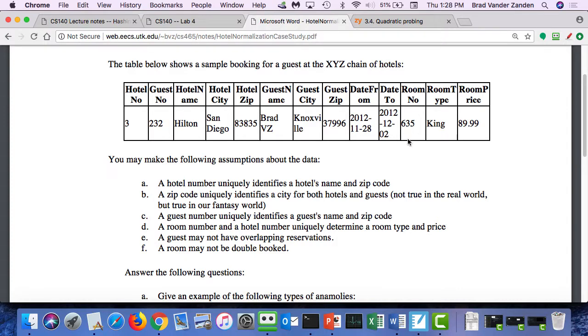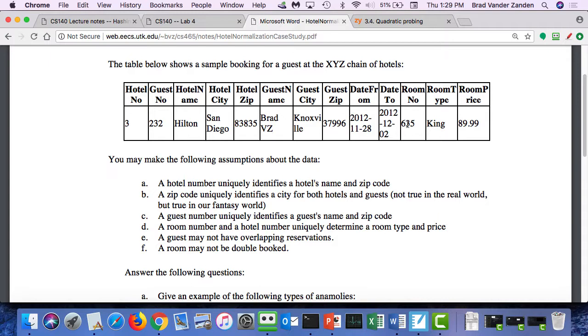Room number turns out to be a key. You can't have an update anomaly on a key, because there's no way to avoid redundancy on the key. You're absolutely right. If you change room number 635 to be 640, you have to change it everywhere, but there's no way to avoid redundancy on a key.